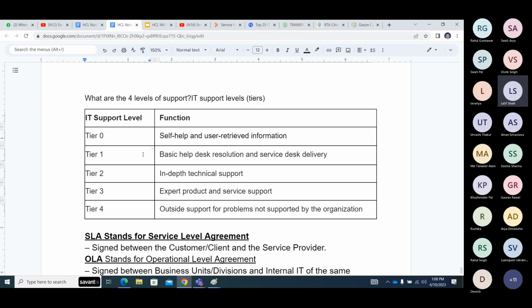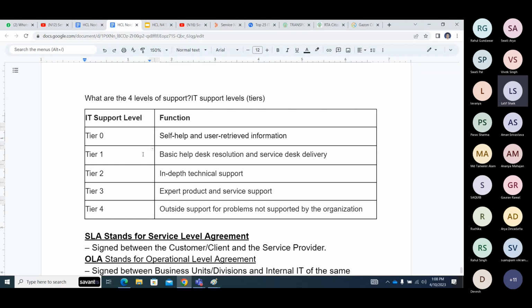Make sure that service delivery happens, meaning the customer got an issue, is it resolved or not? He got what he requested, got the point, got the things or not. That comes under level 1.